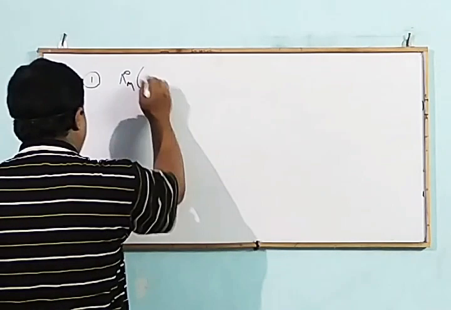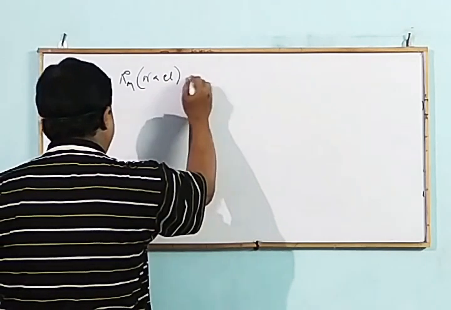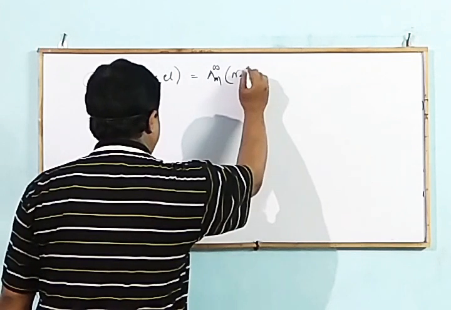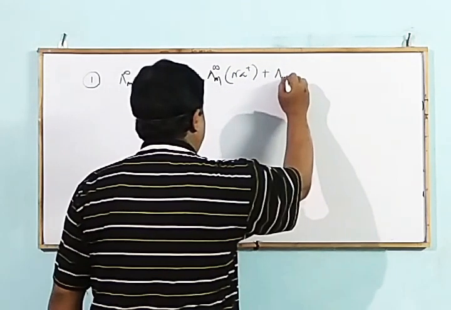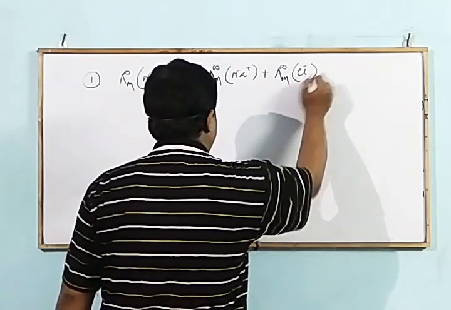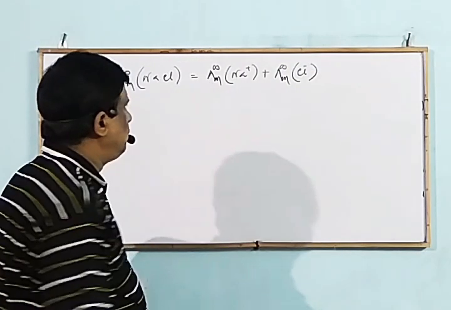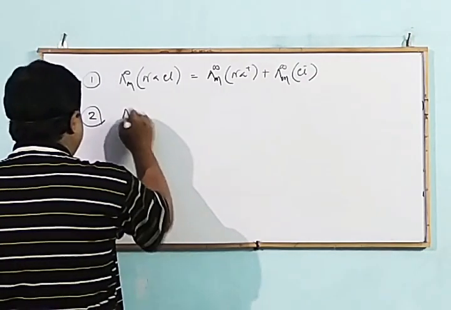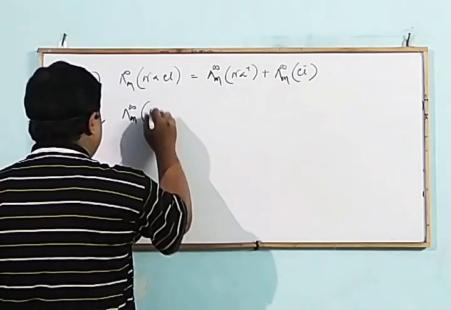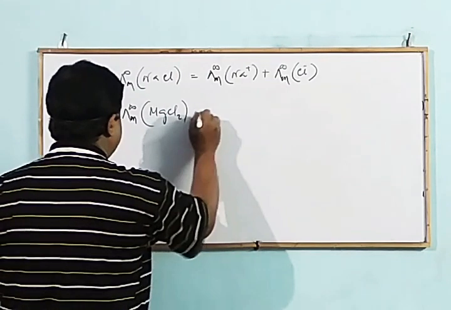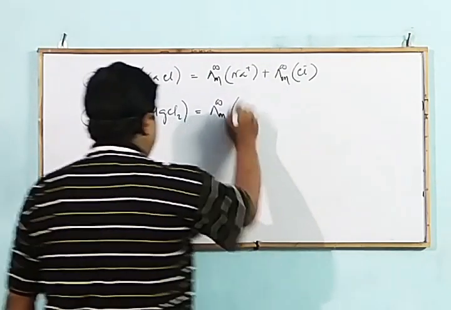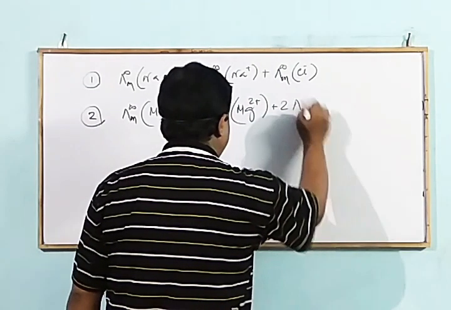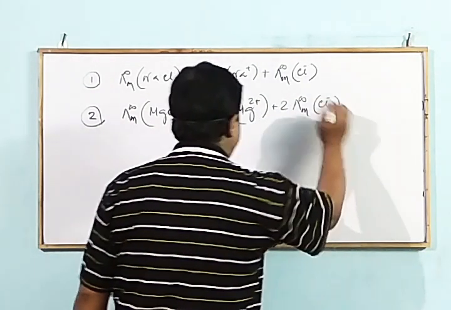The molar conductivity at infinite dilution of sodium chloride is equal to the molar conductivity at infinite dilution of sodium ion plus that of chloride ion. If we select another example, magnesium chloride, then it is the molar conductivity at infinite dilution of magnesium ion plus 2 into the molar conductivity at infinite dilution of chloride ion.